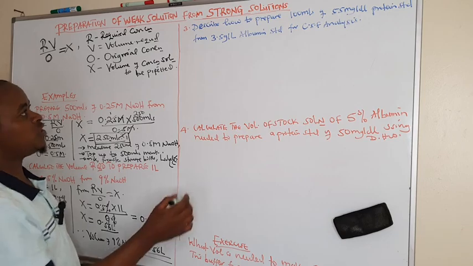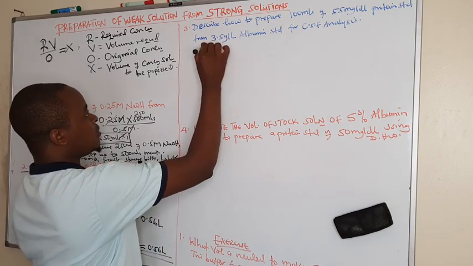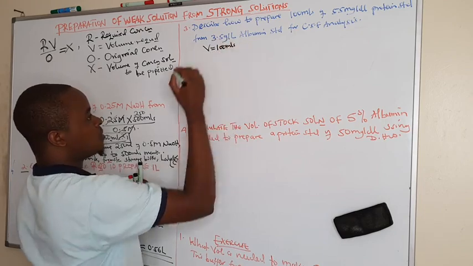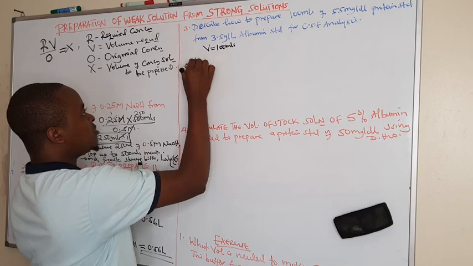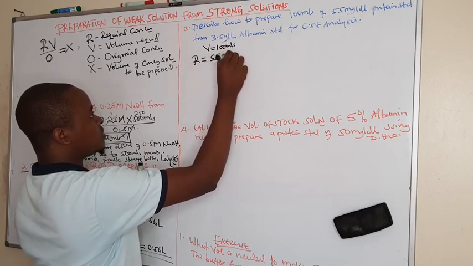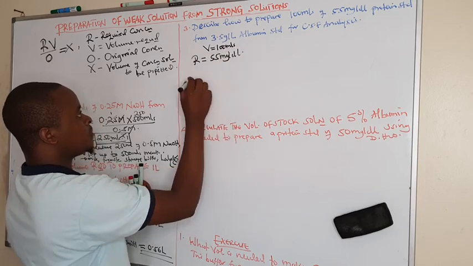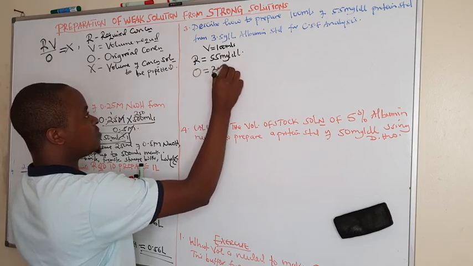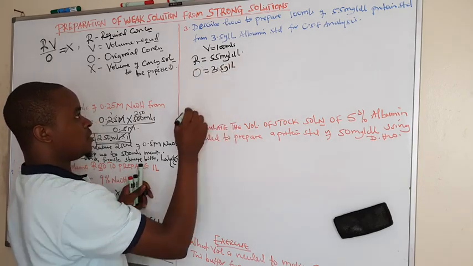So in this calculation, the required volume is 100 mils. The required concentration is 55 milligrams per deciliter, and we are using the original concentration of 3.5 grams per liter.